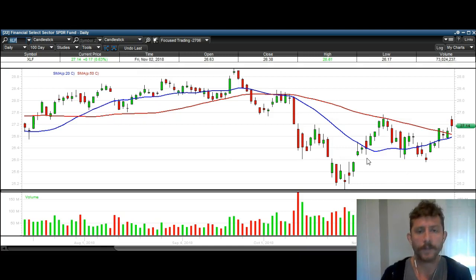So XLF, another false breakdown setup. Okay, you can see that I really, really like this setup, and I use it a lot. All right, the majority of my trades are false breakdowns or breakout setups.